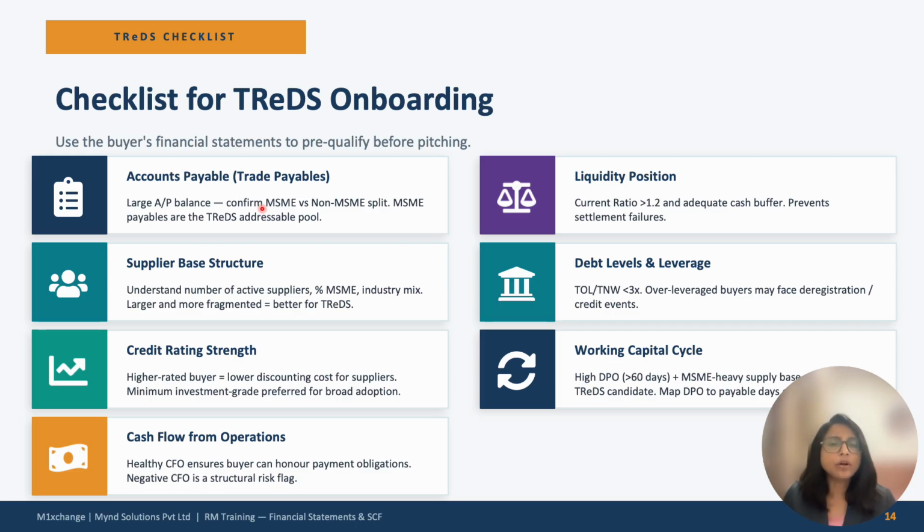Now it need not necessarily mean that if there is lower MSME payables on the balance sheet, the buyer is not a suitable candidate for the TReDS product, because it can happen that the buyer might pay on the last day to its MSME suppliers.